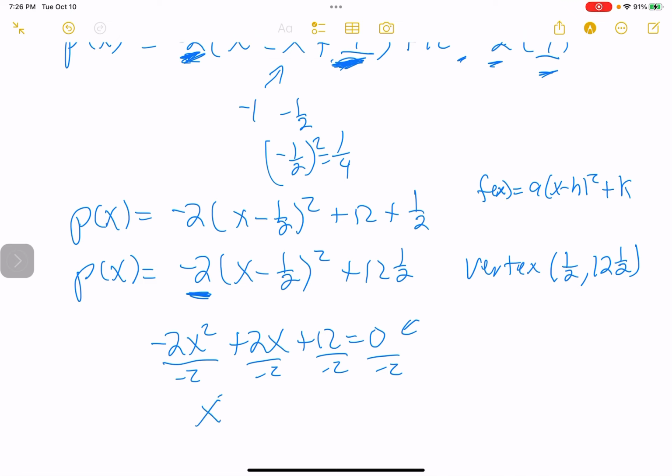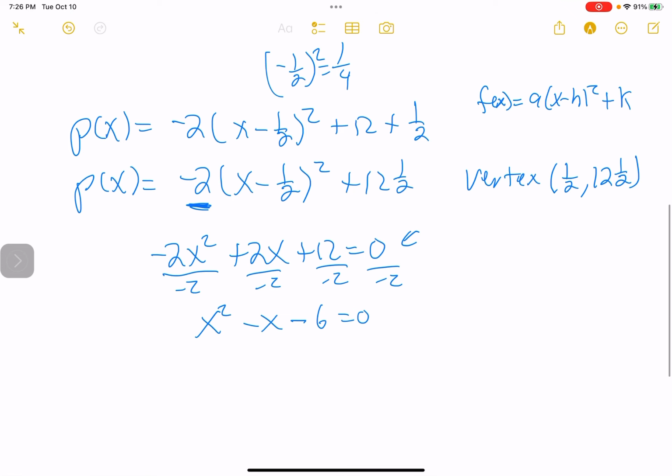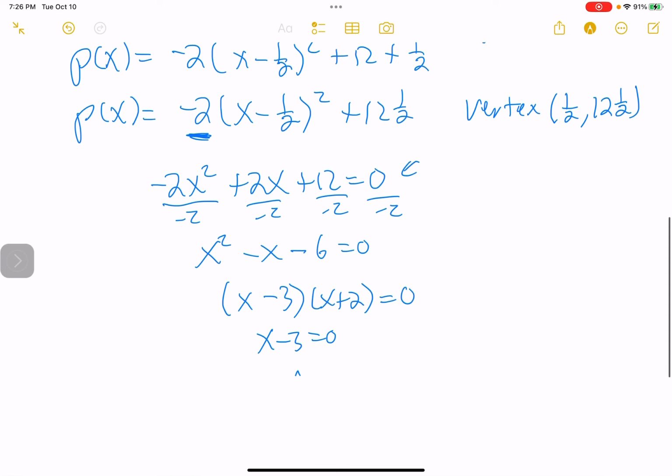We'd have x squared minus x minus 6 equals 0. That factors to x minus 3 times x plus 2 equals 0. So x minus 3 equals 0 means x equals 3, and x plus 2 equals 0 means x equals negative 2.